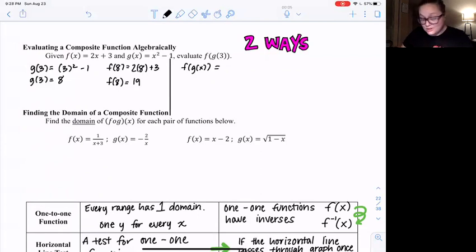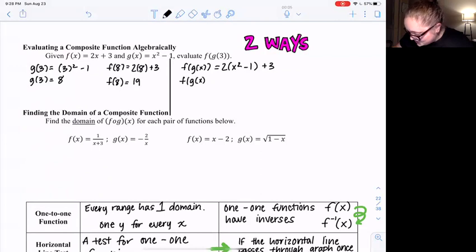So we're going to plug the function g of x into f of x. That's going to be 2 times x squared minus 1, plus 3. Then we distribute that 2 and get 2x squared minus 2 plus 3. And so our final composition looks like the following.